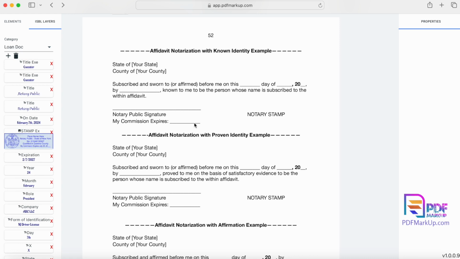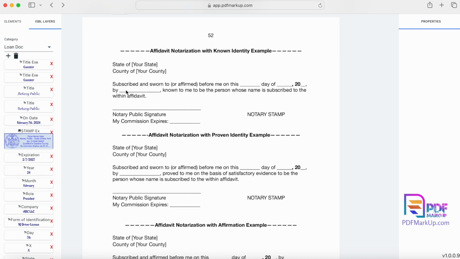So basically, in this, you would read it, of course, in full. State of, the state you're in. County of, the county you're in. Subscribed and sworn to or affirmed before me on this day, whatever the day is. You could say the 7th day of whatever the month is, say February 2024, whatever the year is, by blank, known to me to be the person whose name is subscribed to within the affidavit.